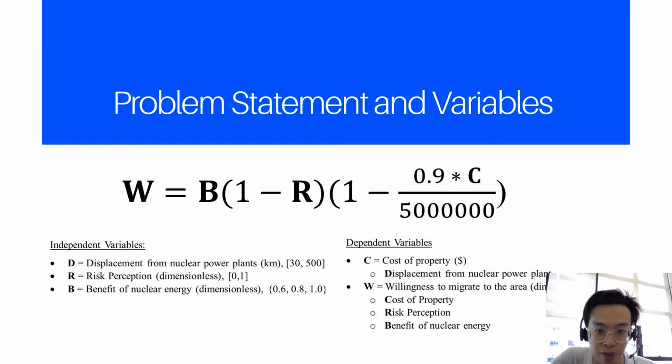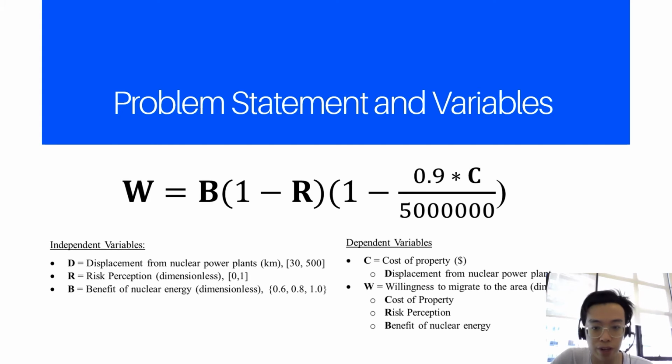So as for our dependent variables, C is the cost of property in dollars. It relies on the displacement from the nuclear power plant as stated in the assumption. So how we calculate cost of property is we take the displacement from nuclear power plant and we multiply it by 10,000 and then we put a dollar sign. Next is our output, which is the willingness to migrate to the area.